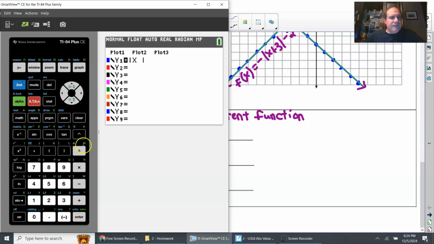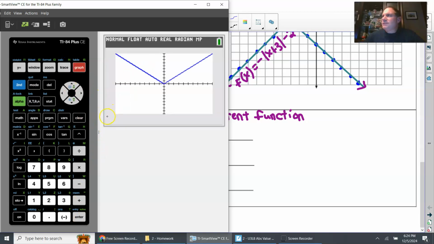And you have x right in the middle of the absolute value. And if you press graph, you could see that there is a v. And that v actually meets right there. It comes to a point at 0, 0, which is the origin. That is called the parent function.